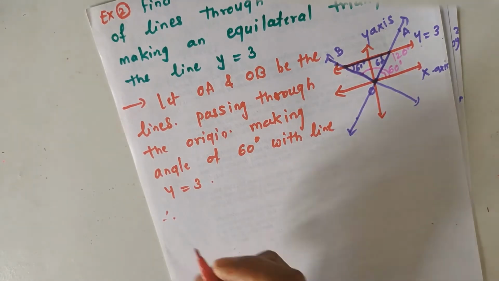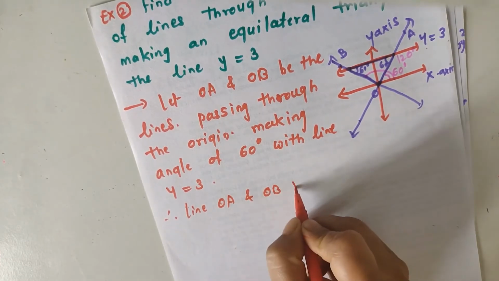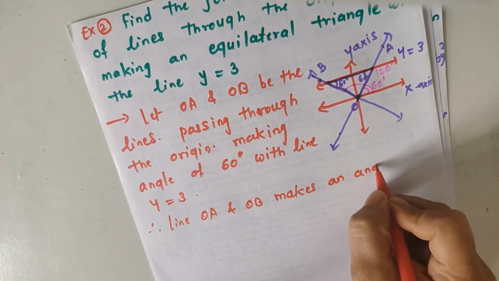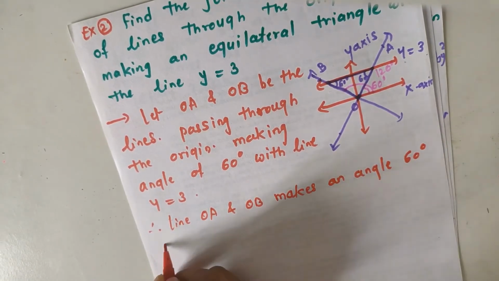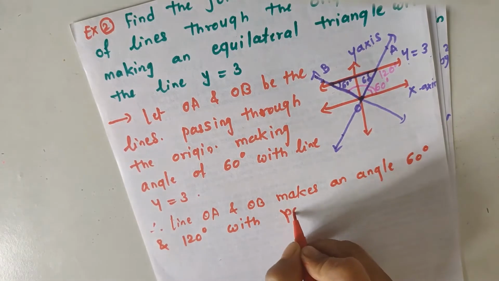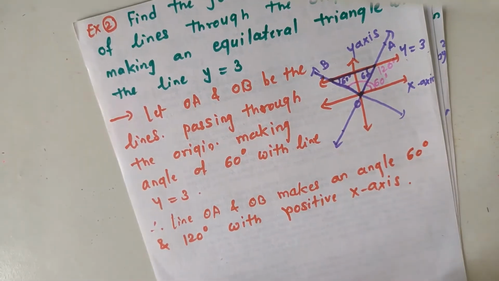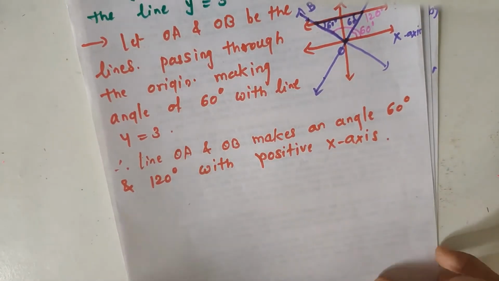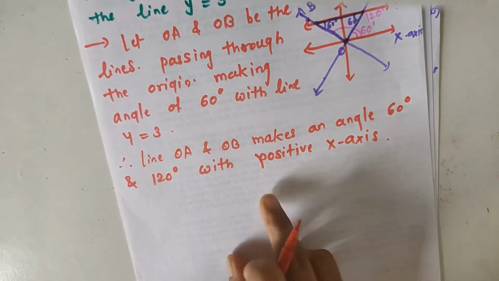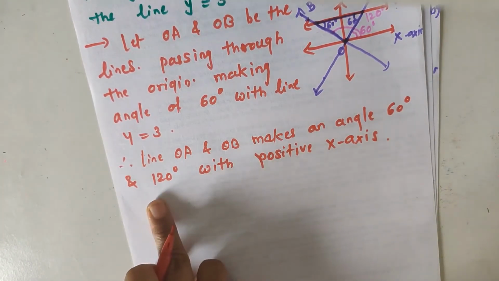So we can write that the lines OA and OB make angles of 60 degrees and 120 degrees with the positive direction of the x-axis. And we know that the angle made by a line with the positive direction of the x-axis is the inclination of that line. So the inclination of line OA is 60 degrees and the inclination of line OB is 120 degrees.